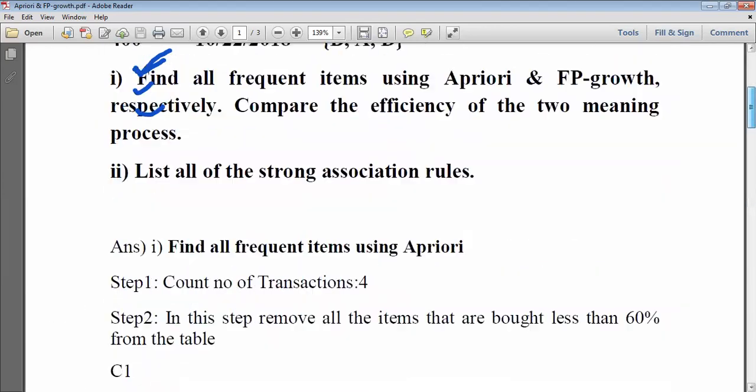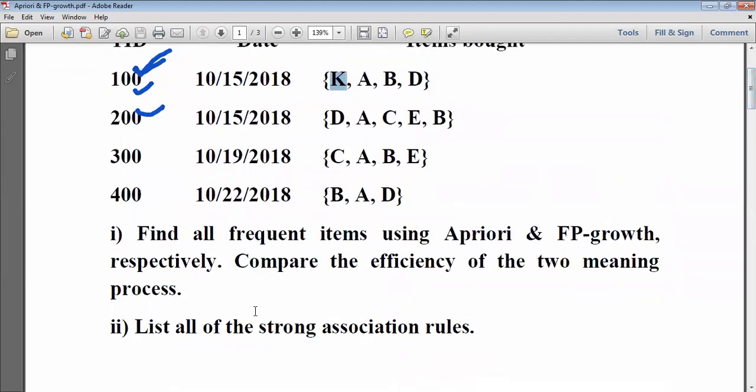So in the transactions, check here. AB is purchased 1 time, 2 times, 3 times, 4 times.